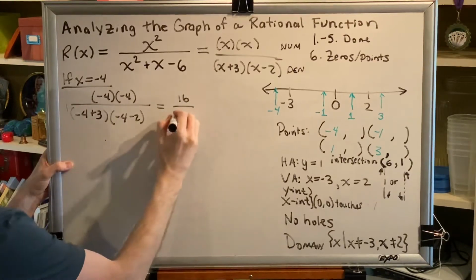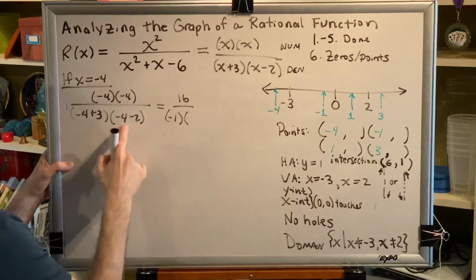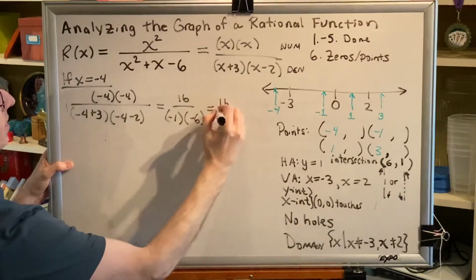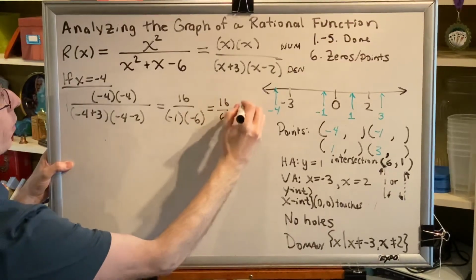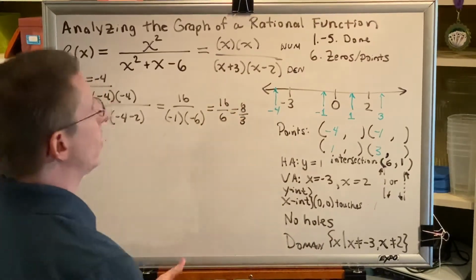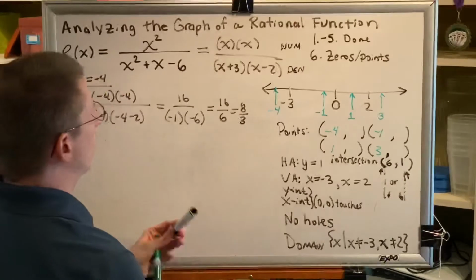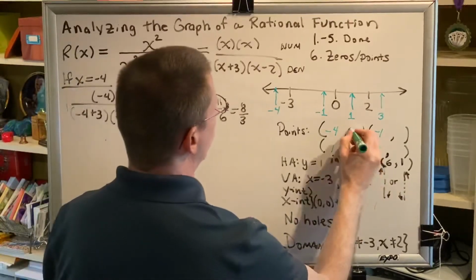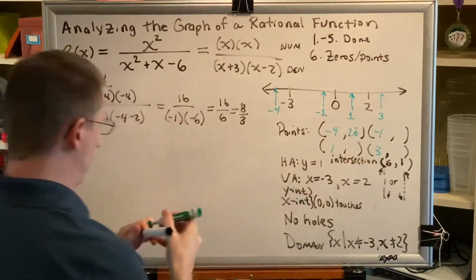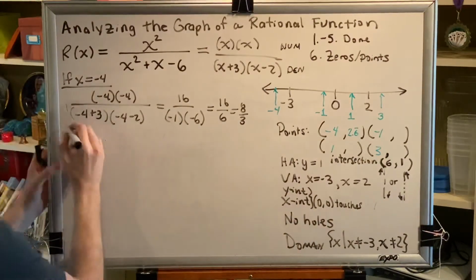Negative 4 plus 3 is negative 1. Negative 4 minus 2 is negative 6. So I get 16/6, which is 8/3, which as a decimal is 2.6 repeating.